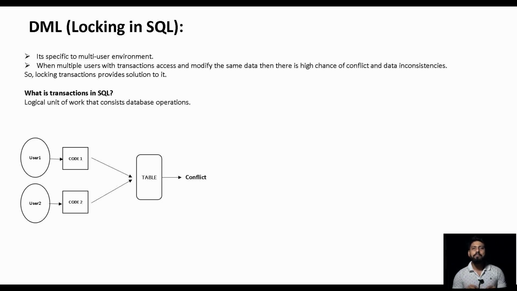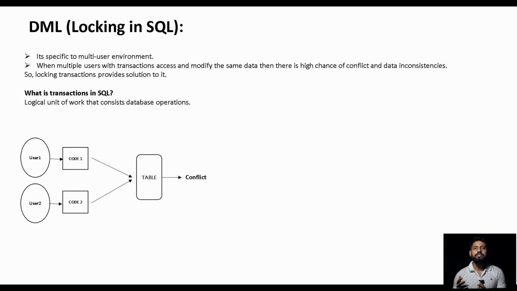The interaction may go seamlessly, but if one user is doing some updation or modification of the data, the other user may end up with a data conflict, or you may say data inconsistency.